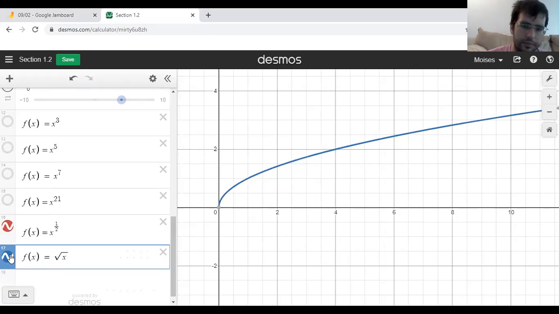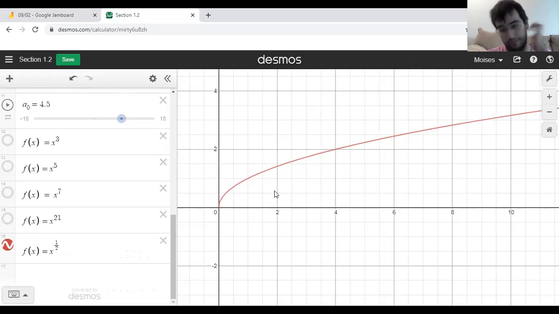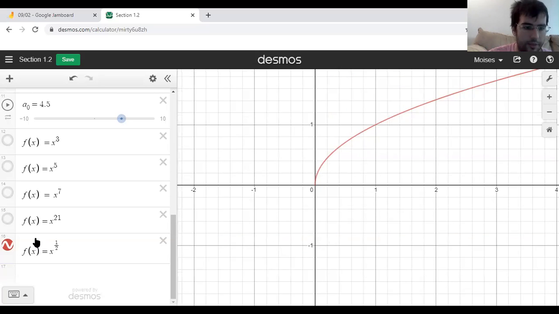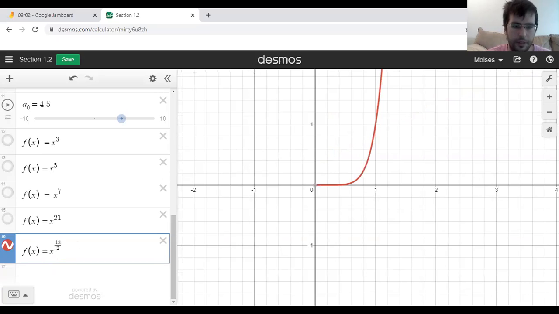You can see both are exactly the same. This one is a parabola, just the same shape as x squared. And if the exponent is bigger than 1, they go up. If it's smaller, they go down. Well, that's not a fraction, so that's just a whole number.